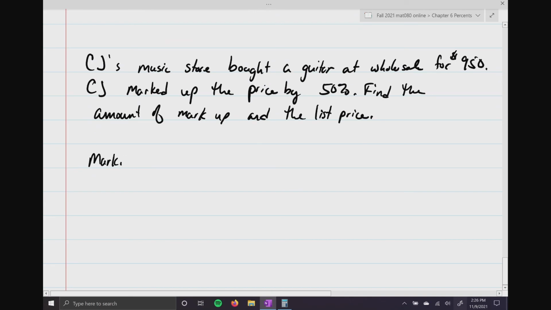So we know markup equals the markup rate. In this case, it's going to be 0.50 times the wholesale price. Now, the wholesale price is $950. So we're just going to take 0.5 and multiply it times 950. And our markup is $475.